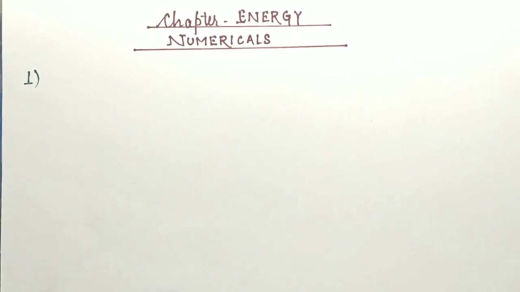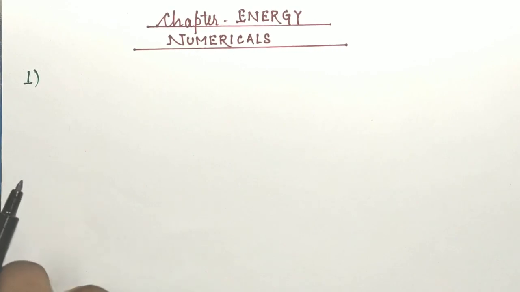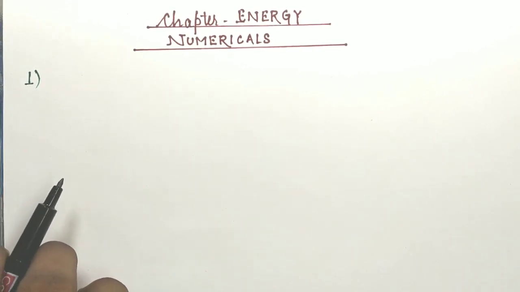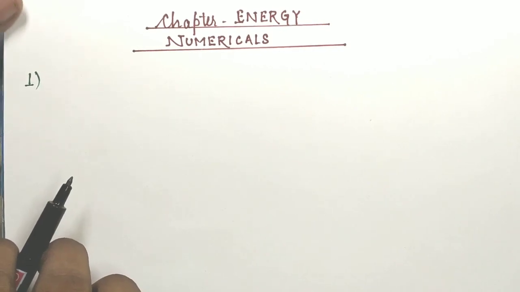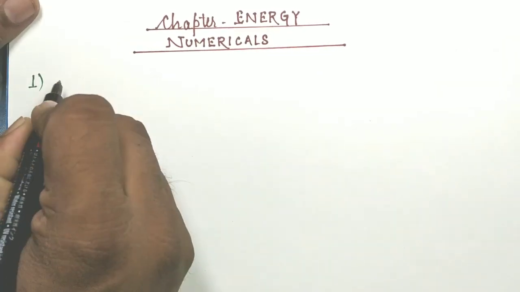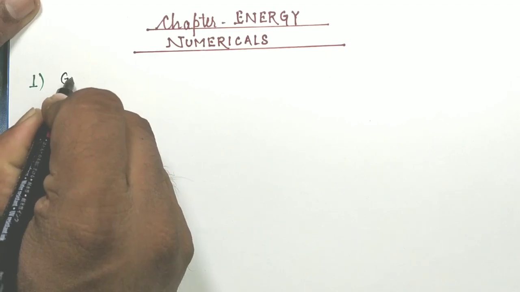The first question says that a force of 30 Newton acts on a body and moves it through a distance of 5 meter in the direction of force. It means that in whichever direction the force is acting, the direction of movement is also the same. We have to calculate the work done by the force. So what is given? First we will list what is given in the question.